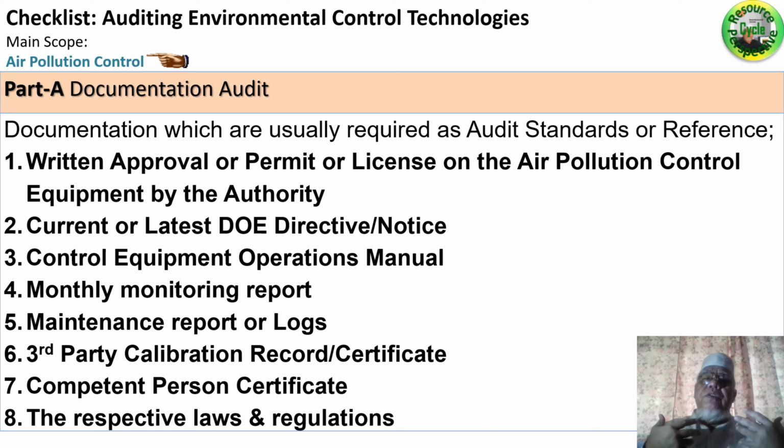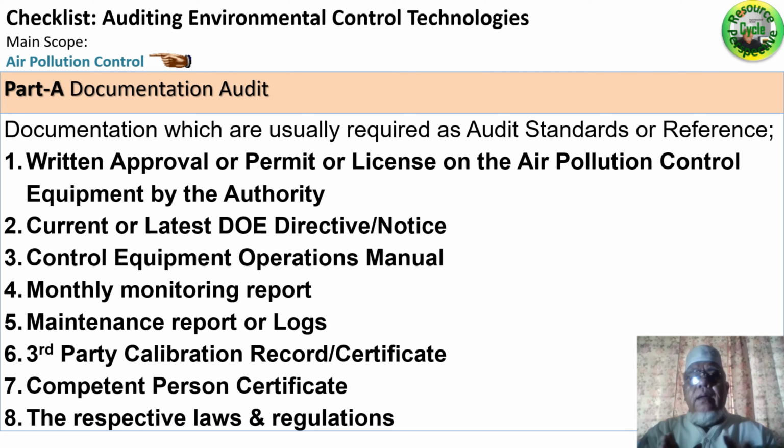So it is our responsibility as an environmental auditor to seek and source these legible or official documents related to the specific types of pollution control equipment or system which is covered within our scope of audit.